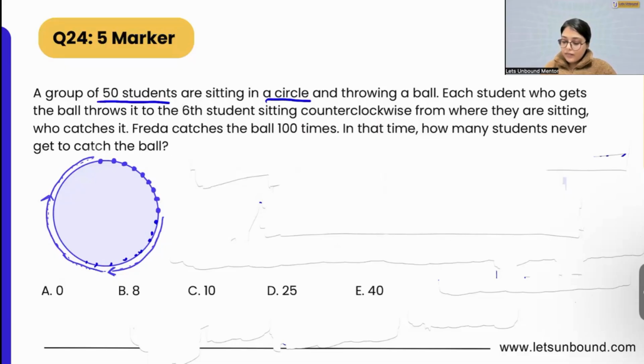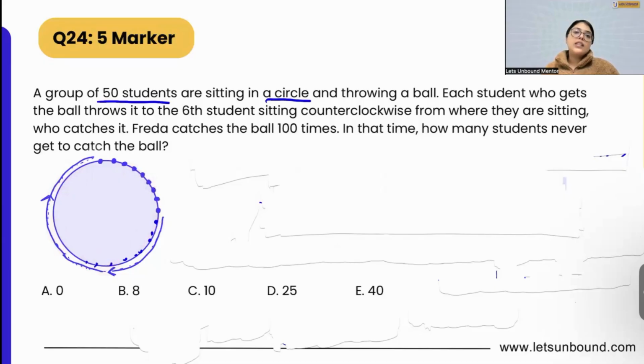Okay. Now Freda, one of the students out of 50, catches the ball 100 times. This 100 times is not very important right now. What is important is that they're asking how many students never get to catch the ball. Obviously, if there are 50 students and every student who gets the ball throws to the sixth student, then in between there are many students who are being missed out, right?